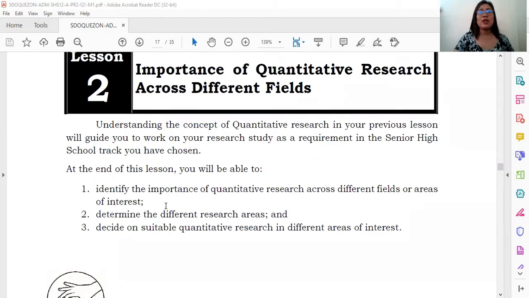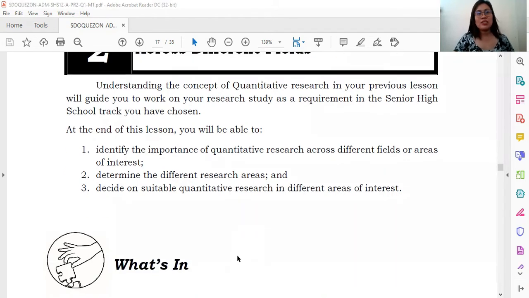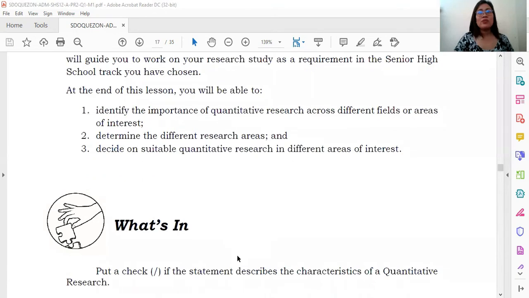Here, you will have to identify the importance of quantitative research across fields or areas of interest, determine the different research areas, and decide on suitable quantitative research in different areas of interest. In your case, you will have to decide what kind of research you'll be delving into depending on the course that you have.